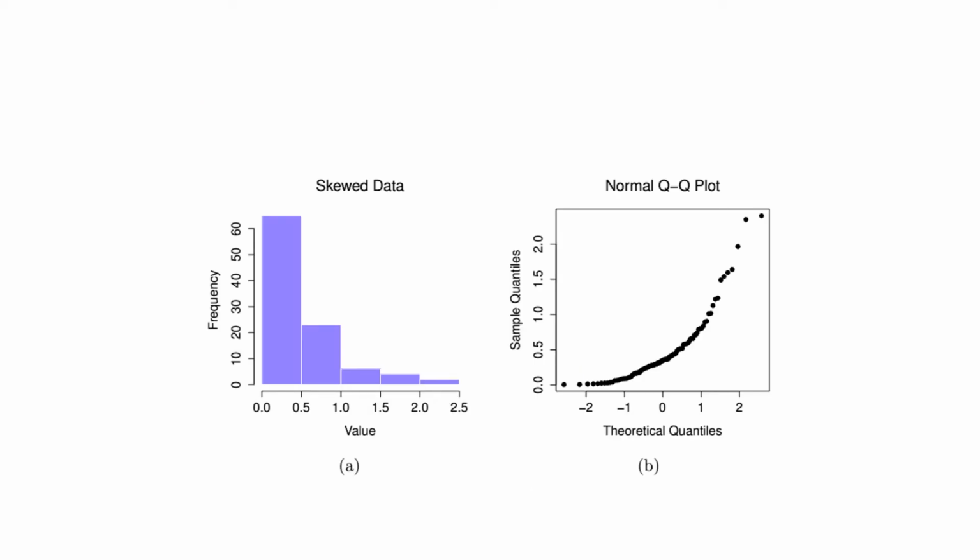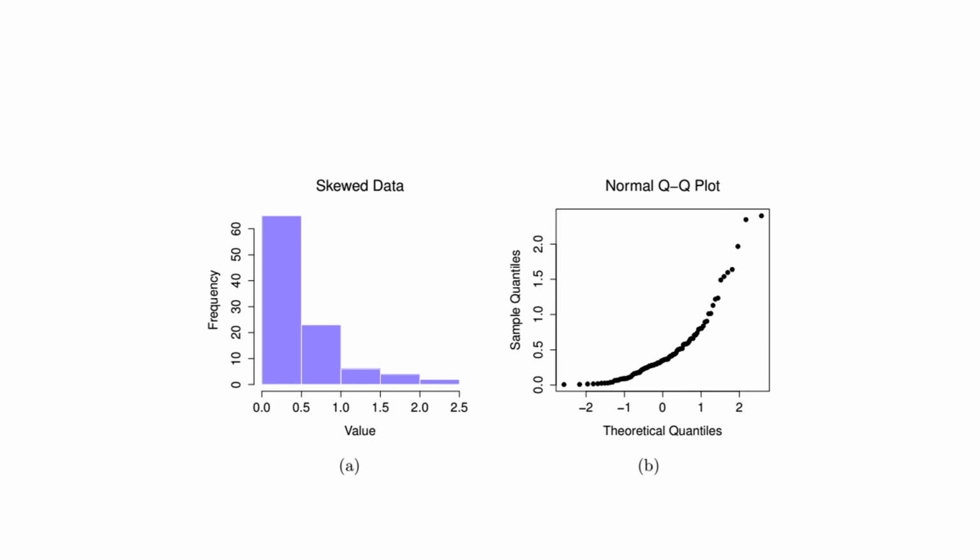For example, look at this QQ plot and look at the histogram here. The histogram here is showing positively skewed data. Definitely the data is not normally distributed.